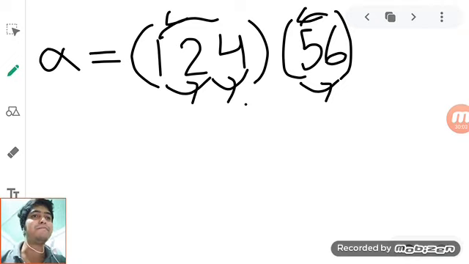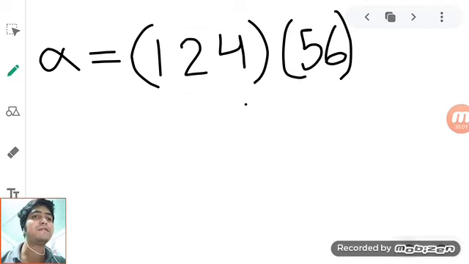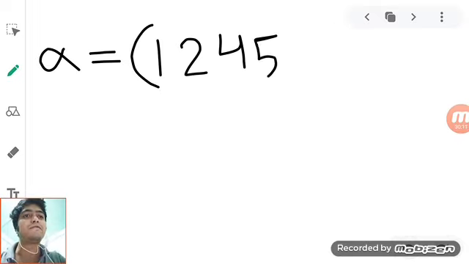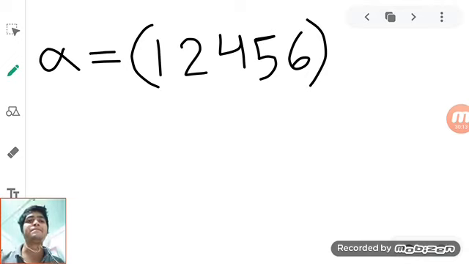Maybe I will start with an easy example. This one will be easier: (1 2 4 5 6). 1 goes to 2, 2 goes to 4, 4 goes to 5, 5 goes to 6, 6 goes to 1, and 3 goes to 3.